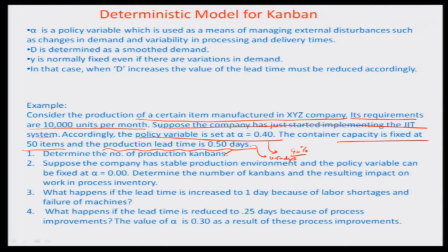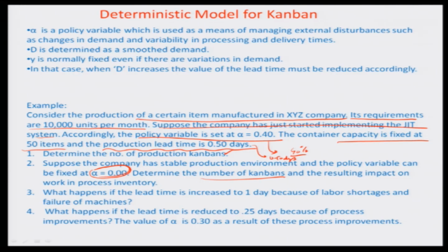Now, he is giving certain other cases. For example, supposing the company has a stable production environment and the policy variable can be fixed at about 0, that means no overstocking situation. So, in that event you can determine how many Kanbans would be needed and what would be the resulting impact on the work-in-process inventory. Obviously, he is talking about other shocks.